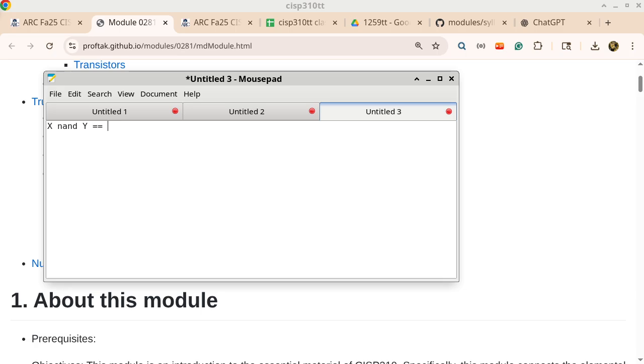All right, so this is essentially X ampersand ampersand Y, but with the negation on the outside. Now let me ask you, what is going to happen with this? What do you think this is equivalent to? If you say you have no idea what it is equivalent to, then the next question is, can you figure out what it is going to do?